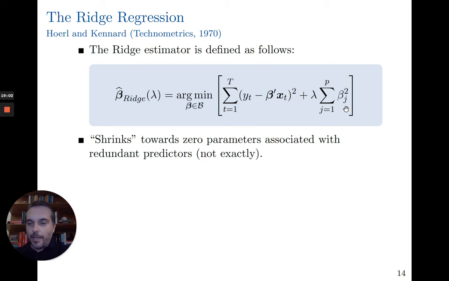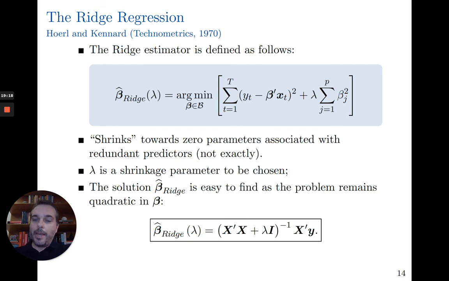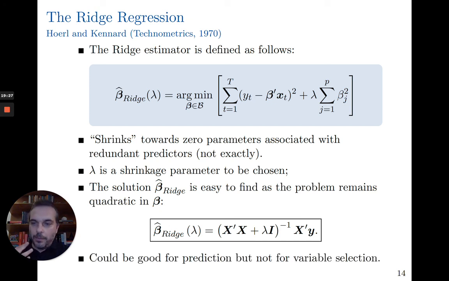Okay? And it shrinks towards 0. We're going to see that not exactly to 0, but it shrinks the parameters towards 0. Lambda is the parameter to be chosen. We are going to discuss today how to choose lambda, okay? And it has a closed-form solution. You can easily derive the solution of the Ridge problem, okay? And it's very good for prediction, not too good for variable selection, and we're going to also discuss this.